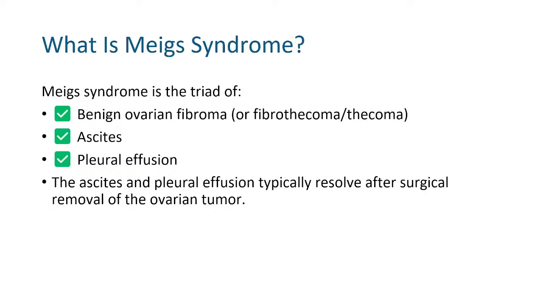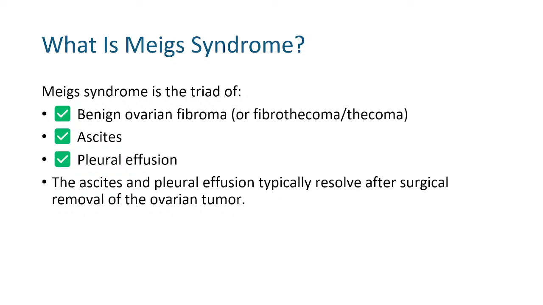So let's define this. What is Meigs' disease? Meigs' syndrome is the triad of benign ovarian fibroma, which is the fibrothecoma or thecoma. That's the ovarian mass that we are talking about. You should have ascites and you also have right pleural effusion.